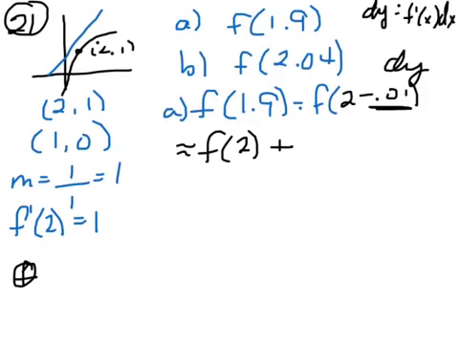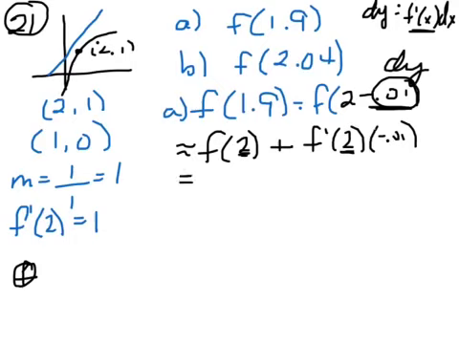Well, we could put f prime of 2, because we're talking about the point at 2. So it would be the derivative at 2 times dx. What is the dx here? It's the difference in the x values between 2 and 1.9, and it's subtracted, so it'd be negative 0.1.